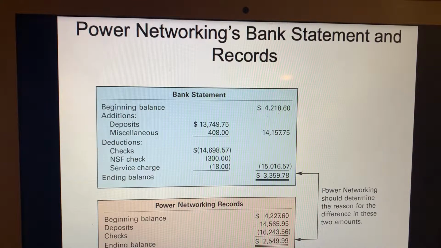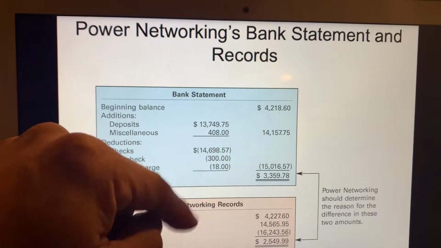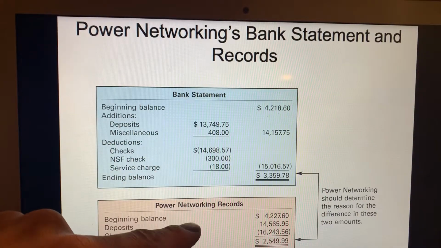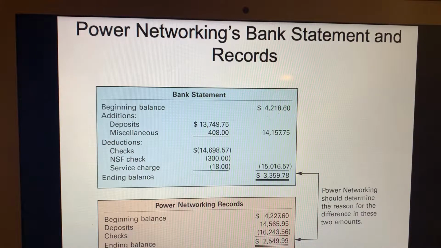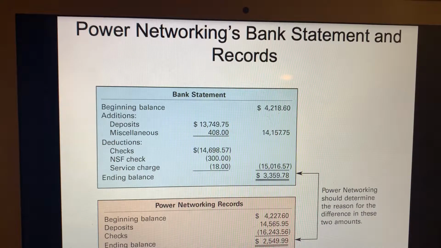So there's a difference in there, and some of it might be transactions that haven't been posted, or we haven't recorded them in our books, or we also might have a check that's in transit, meaning we paid a bill with a check and it hasn't cleared the bank yet. So those are a couple of examples.